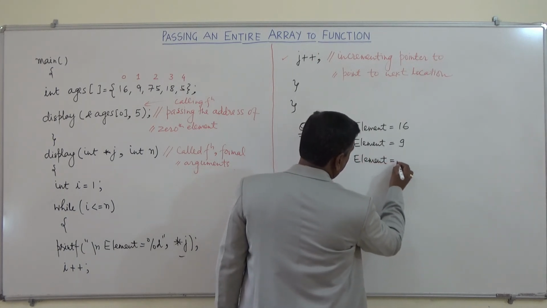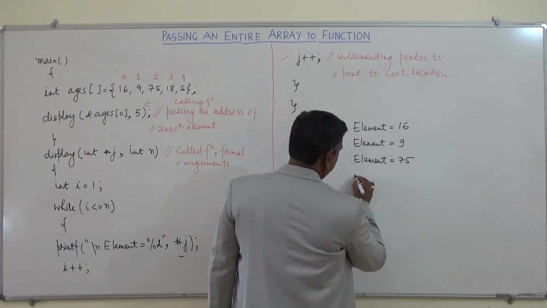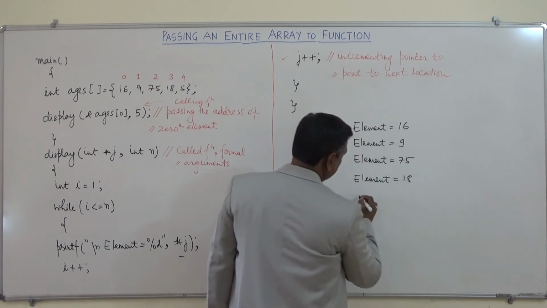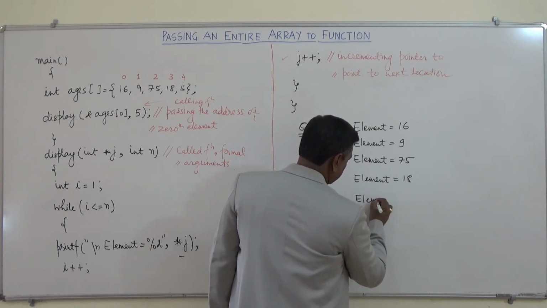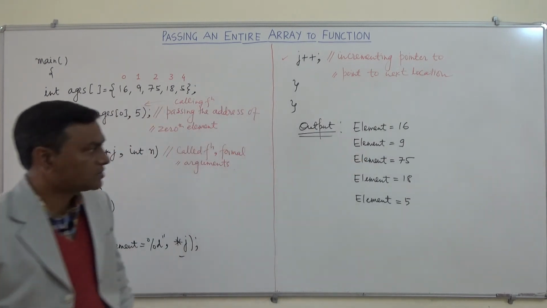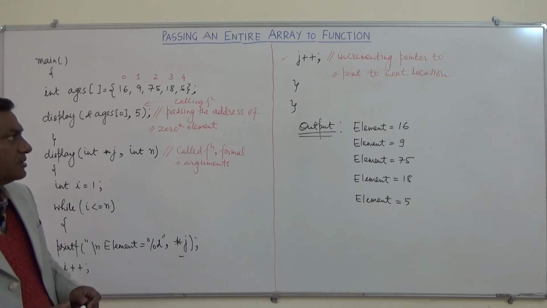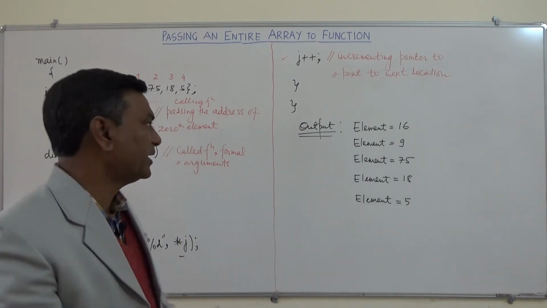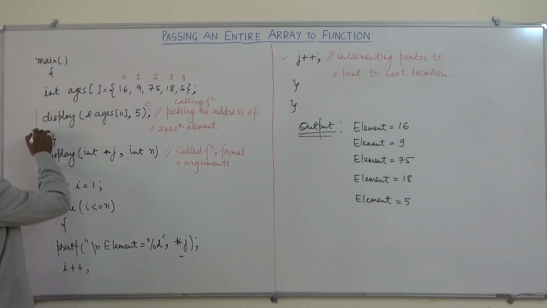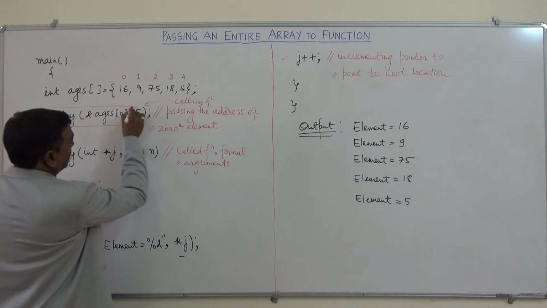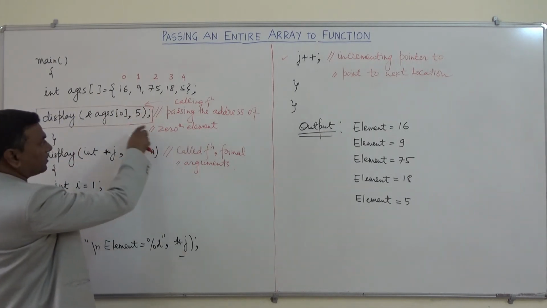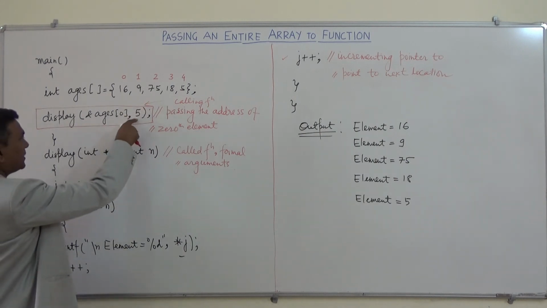The next will be 75, and then 18, and then 5. So all these 5 values can be printed. In this program the important points are where we are passing the address of 0th element, and we are also passing the total number of elements.